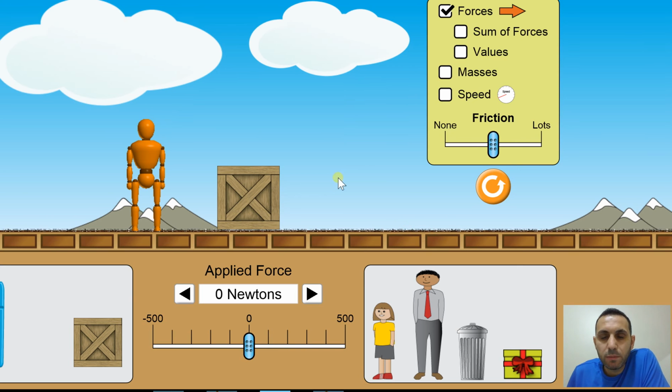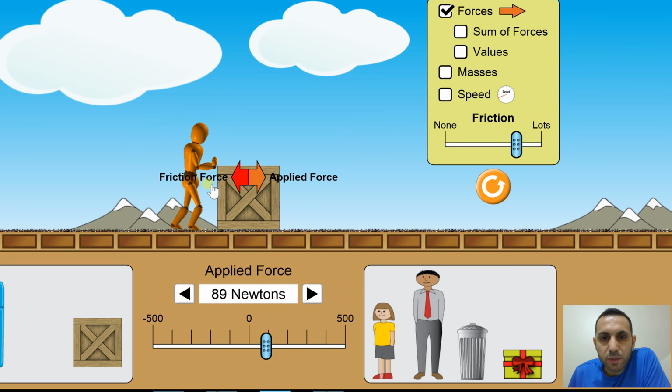Now we talk about the factors that affect the friction. If I'm now using the same box on a more frictional surface, I increase the force of friction. You will see that this box will not move at 125 Newton force.